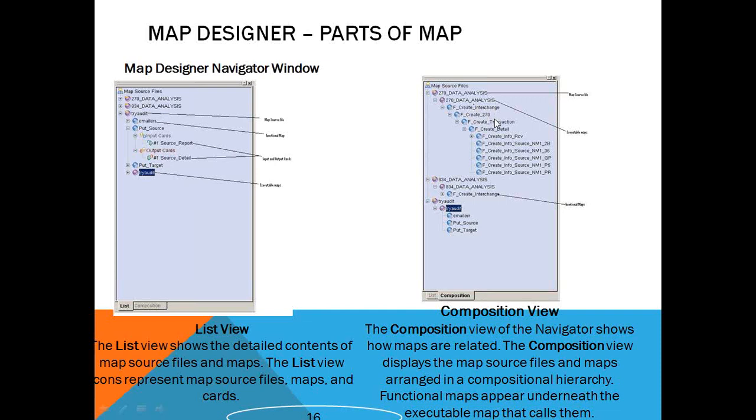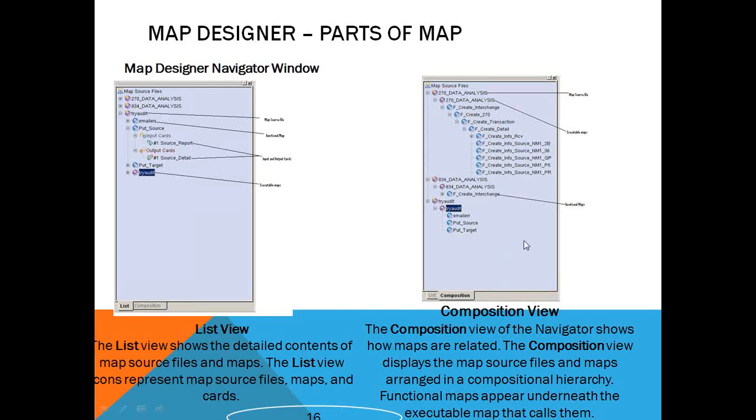Inside 270 is the actual ANSI mapping. The interchange is ISA level. 270 means at GS GE level, the 270 transaction. Then inside GS GE, the transaction is created. Inside the transaction, detail. Inside detail, RCV, like that. And inside detail, we have multiple mappings, NM1, 2B, 3R, GP, like that. This is basically composition view.